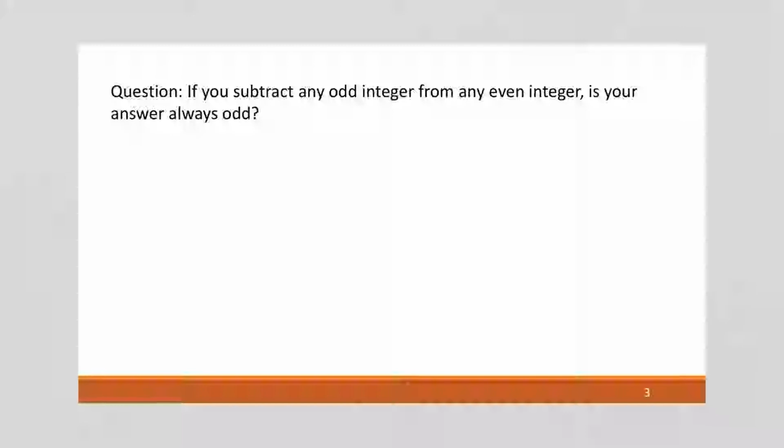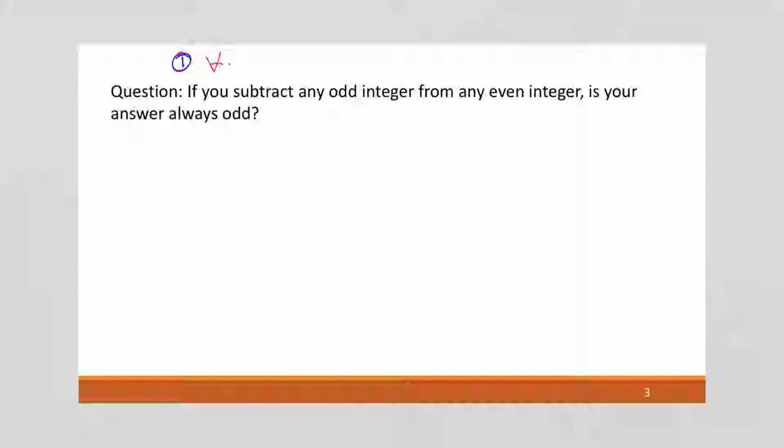Again, step 1 is we want to write the statement as a universal conditional statement.